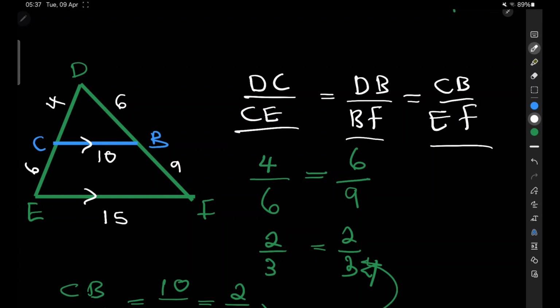And that is what the converse of theorem 1 of proportionality basically states. It states that if we have proven that the lines are proportional to each other, then the line that cuts this triangle from these two sides will be parallel to EF, and in this case it's this line over here.